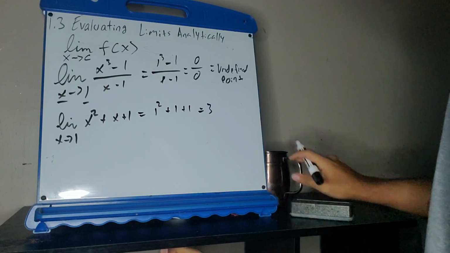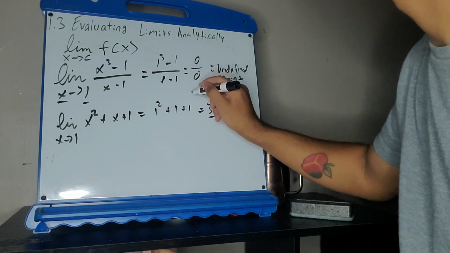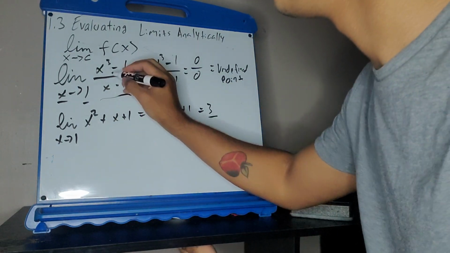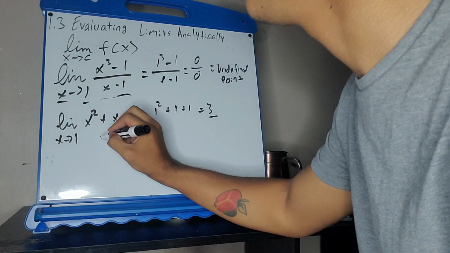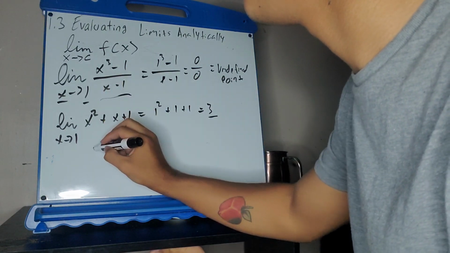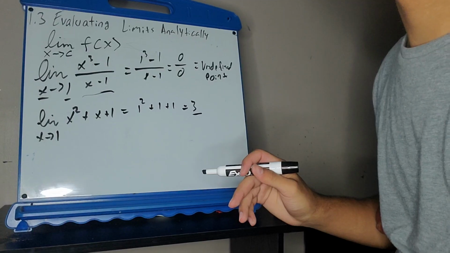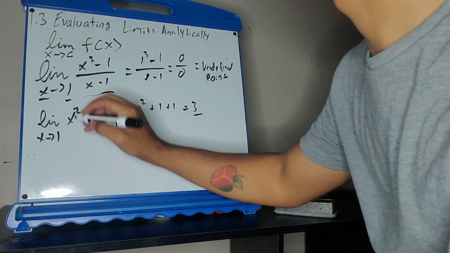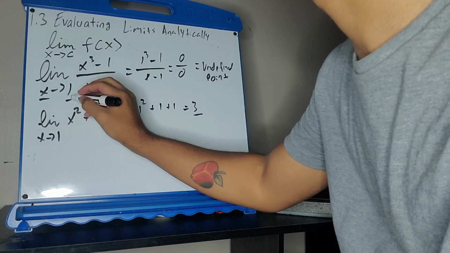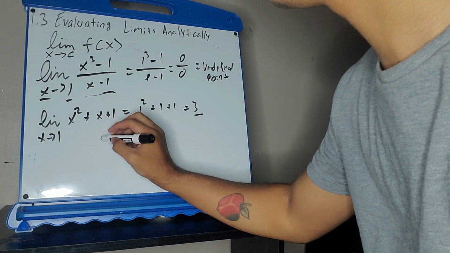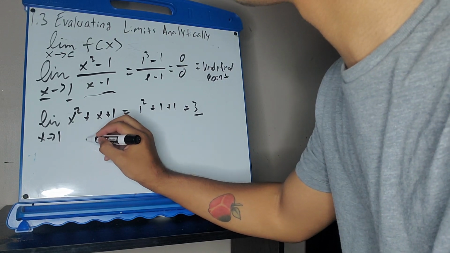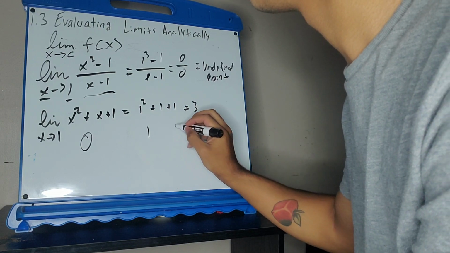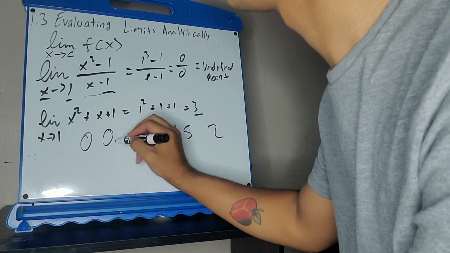So how can we prove that these two limits will be equal to the same thing? Well, if we find the limit as x approaches 1, we can start using values that are close but not equal to the limit. So values such as 0, 2, 1, you can have 1.5, 0.5.